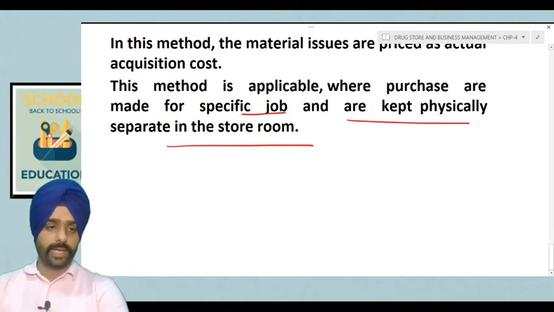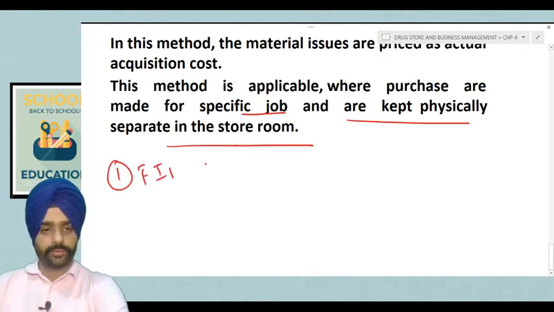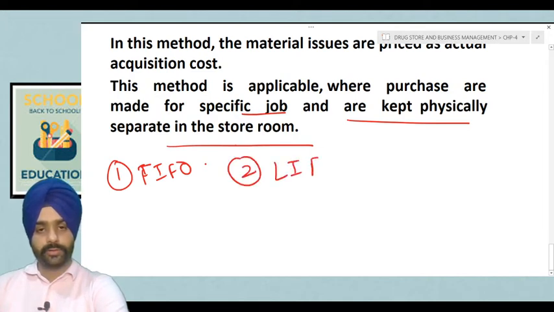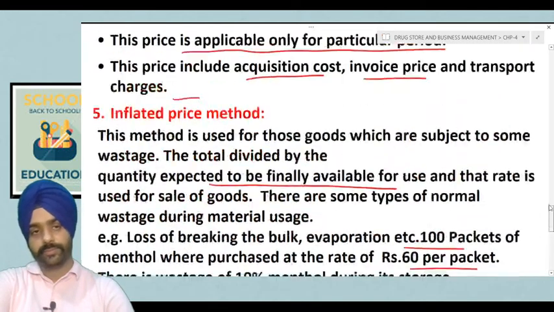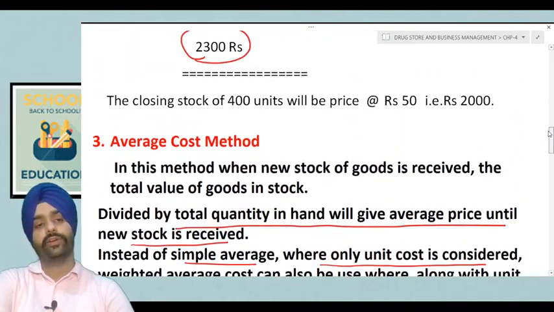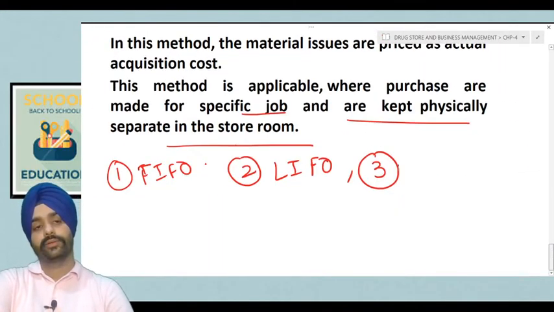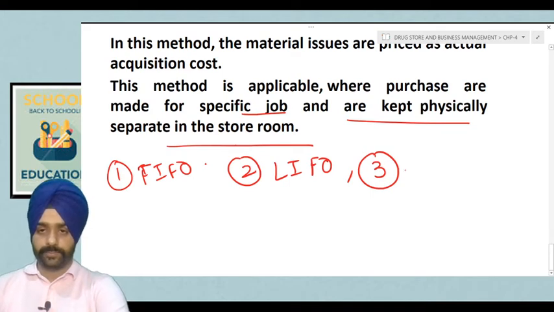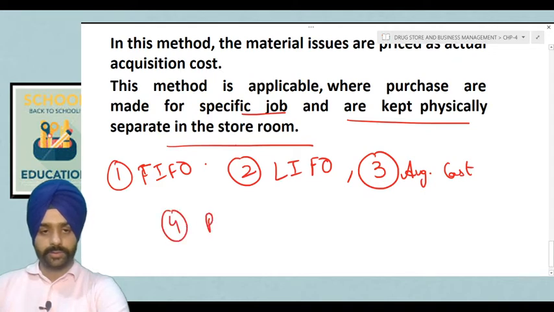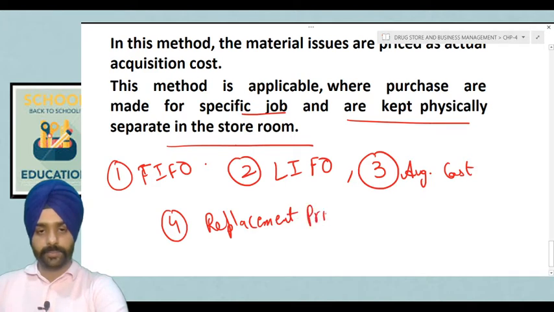The first one was FIFO, first in, first out. The second one is last in, first out. The third one is the average cost method. The fourth one is the replacement price method, and the last is the standard price method.